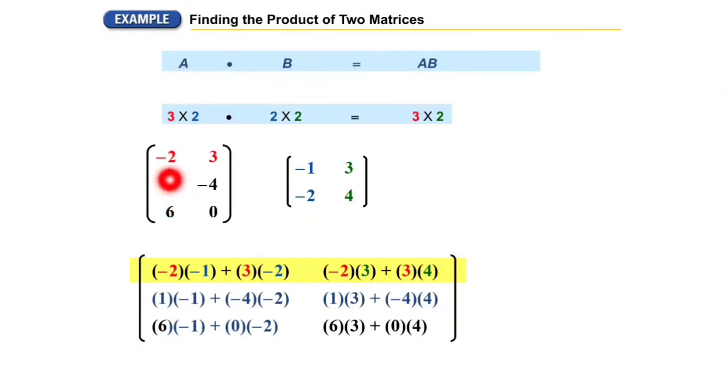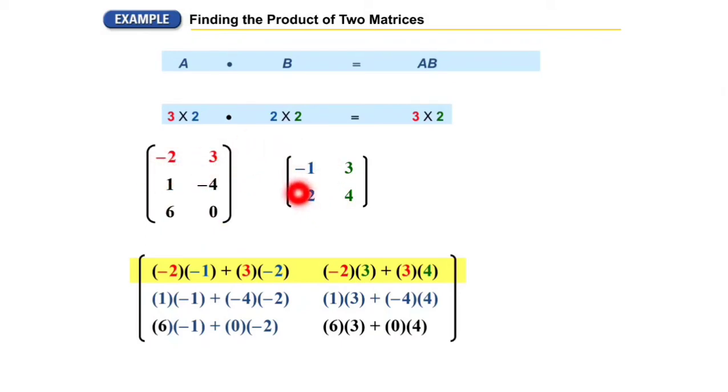What is A? Minus 2, 3, 1, minus 4, 6 and 0. And B matrix is minus 1, 3, minus 2, 4. See, what is the exact product here? The product is nothing but, it's very simple, row by column, row into column.